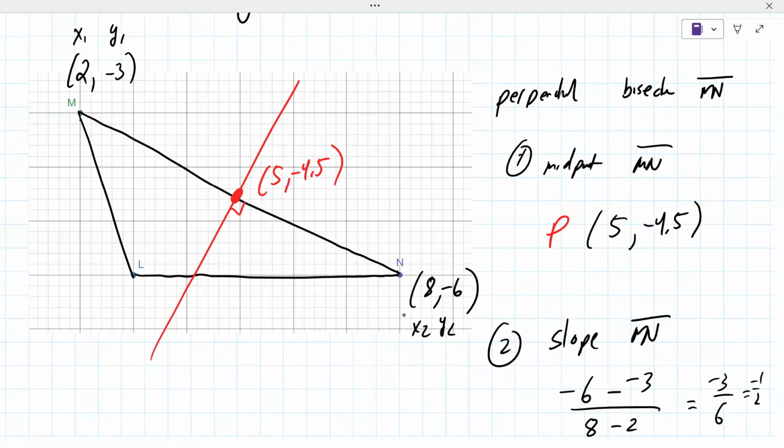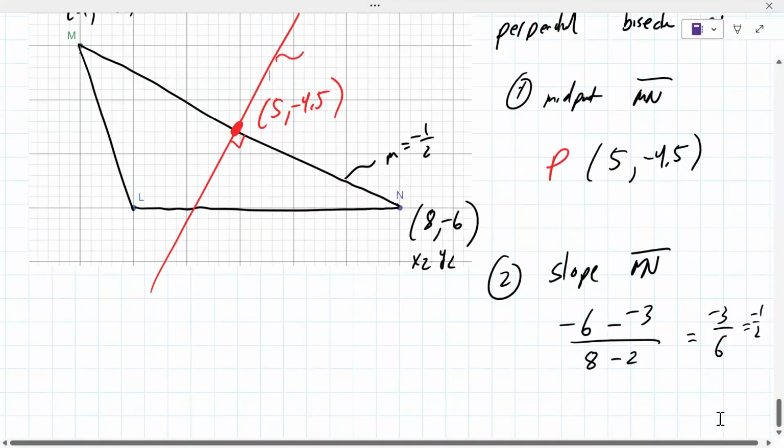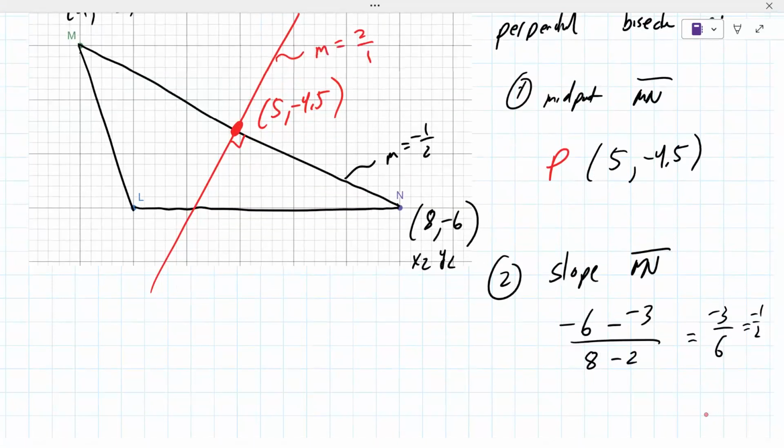Good. Now that's great, but that's the slope of this line. This line here, we don't want that line. We want the slope of the red line. That's the perpendicular slope. So what's the perpendicular to -1/2? 2/1. So the slope of this line is 2/1. It's the perpendicular.